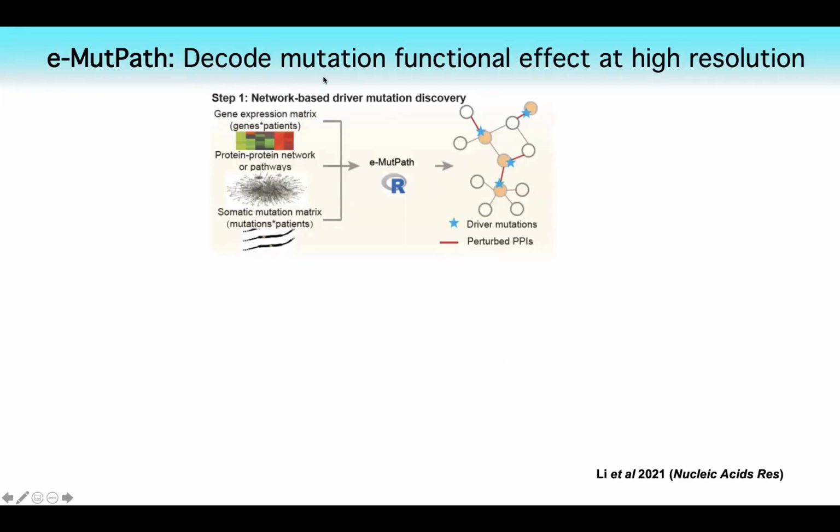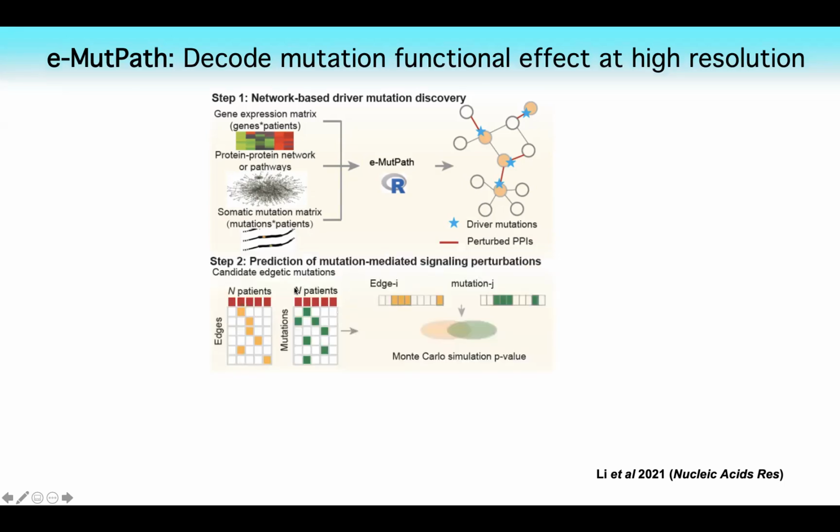We developed further a computational tool called Immuno, which came out earlier this year in NAR, to predict the potential effect of mutations in a cancer network. We started with gene expression, protein interactions, and somatic mutations found in cancer. We compared the edge-specific profile with the mutation-specific profile in each patient.